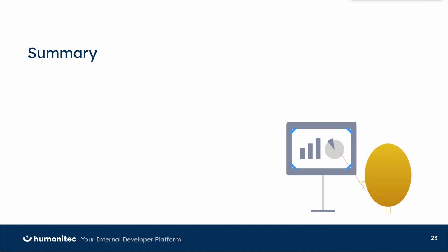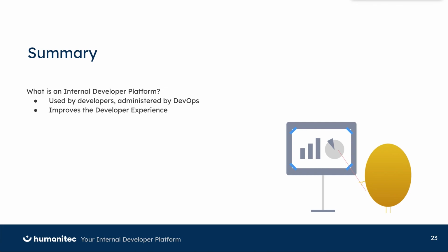So, in summary, we've answered 3 points, hopefully. The first one being, what is an internal developer platform? And so we've talked about the fact that it is something that is used by developers and administered by DevOps. And the key thing that it's trying to do is improve the developer experience. If you have a great developer experience, you have happier developers, which also means that you have better software being produced.